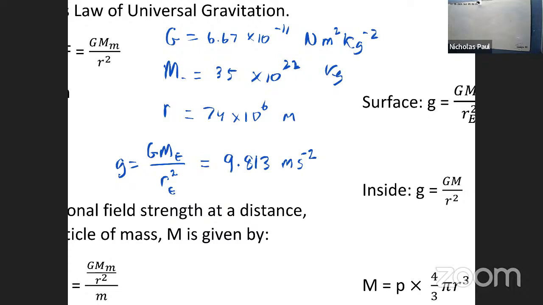I'll write it here for you: 35 by 10 to the 22 and 74 by 10 to the 6. Right? You can see the radius is smaller than the mass.